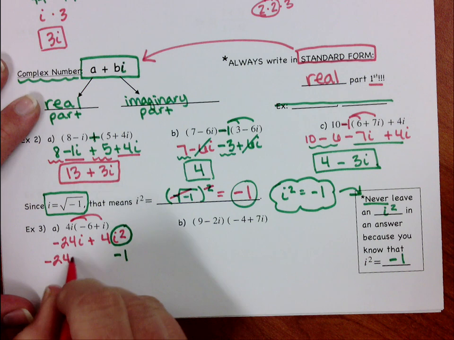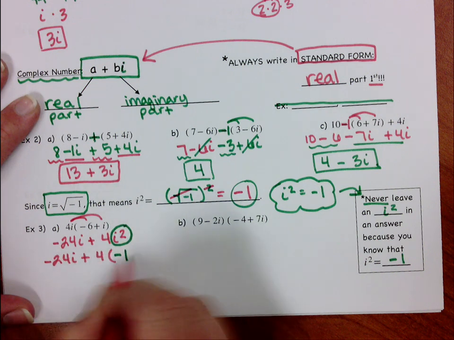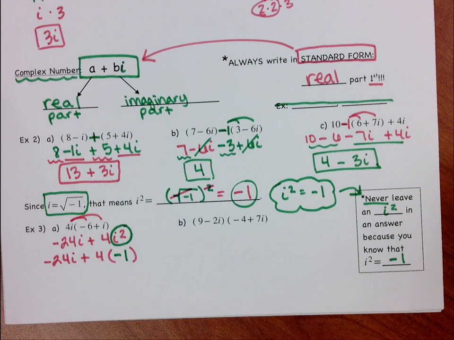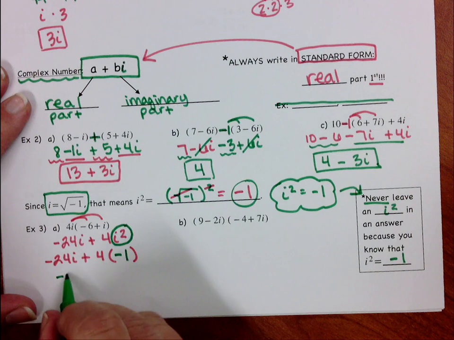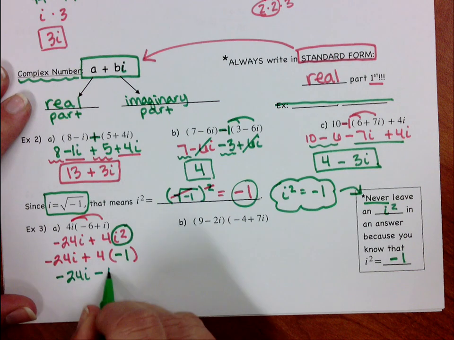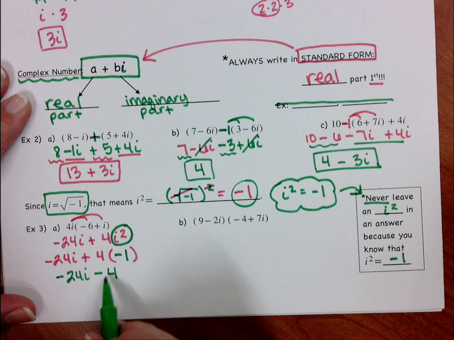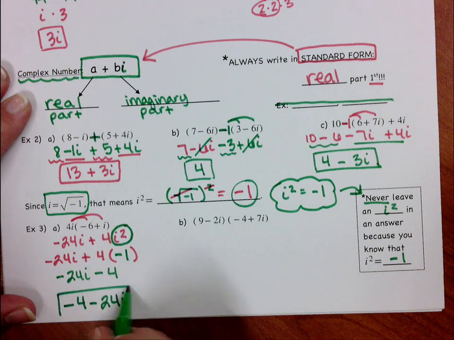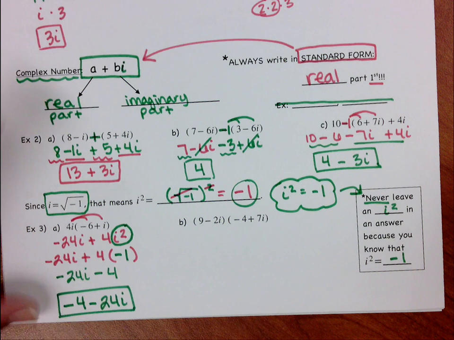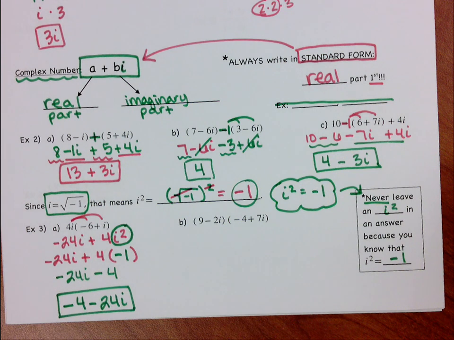So that is negative 24i plus 4 times negative 1. Negative 24i minus 4. And then we always rewrite it with our real part first. So negative 4 minus 24i should be your answer. You need to write it with the real number first.